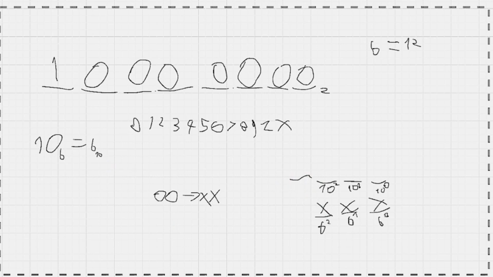Or the thousands place in base 10, because that is 10 to the 3, or 1,000. So it's 1727. Ta-da!